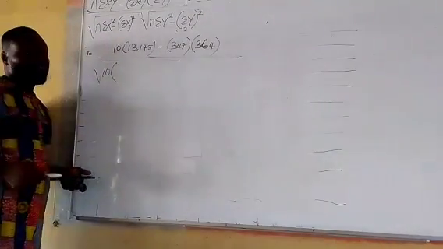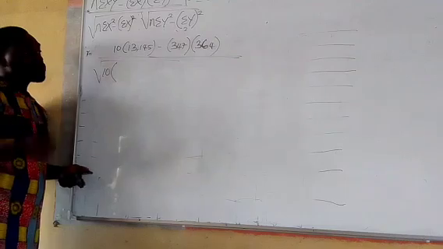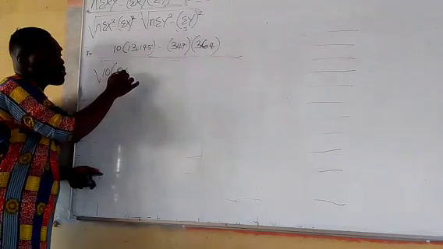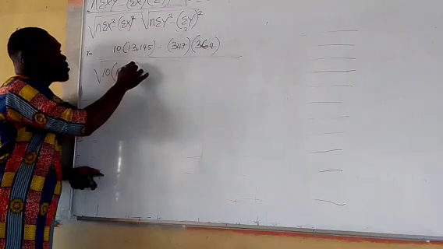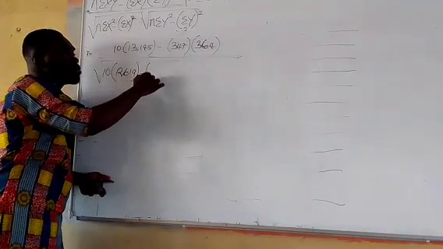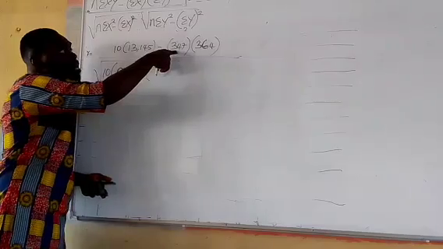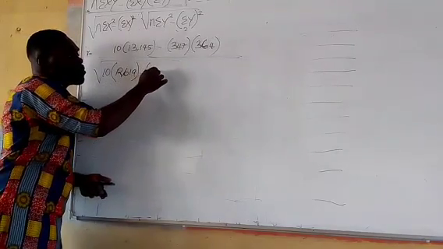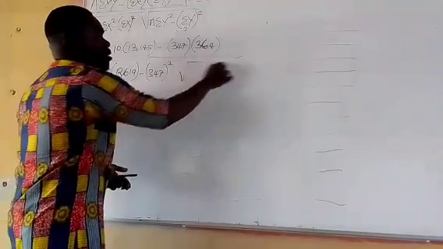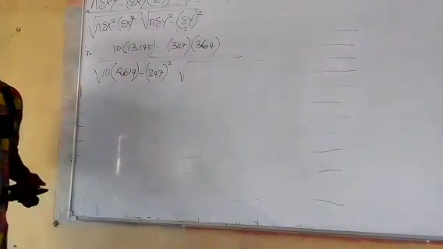So what is summation x squared? Check summation x squared. 12,619, right? Minus summation x is what? 347, right? 347 raised to the power 2. Then we go to y.